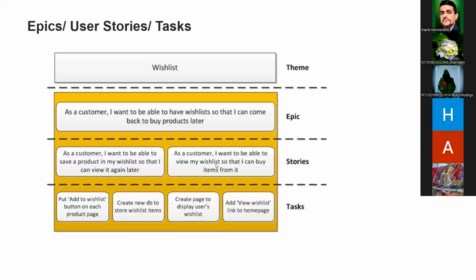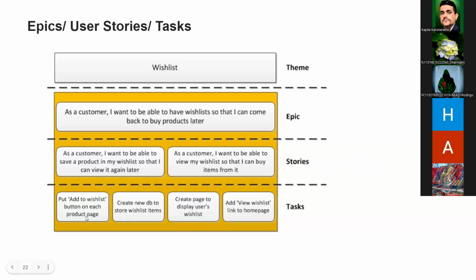Sometimes there might be another story, where he wants to delete or amend it. One user story is create or save, the second is view, the third is amend, the fourth is delete. There will be many user stories in one epic.